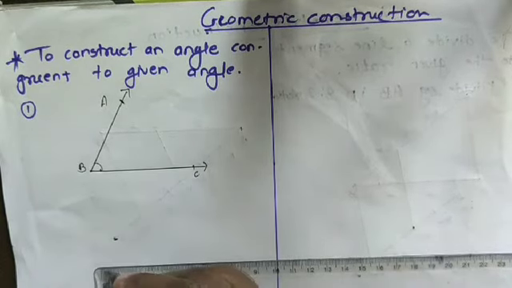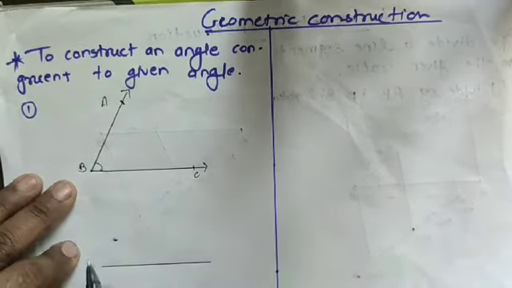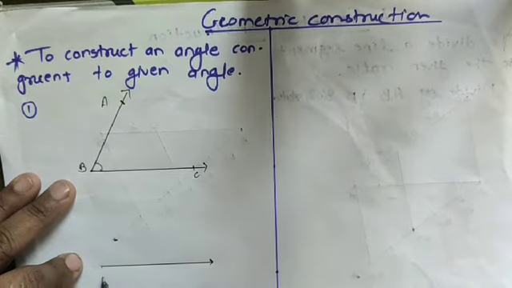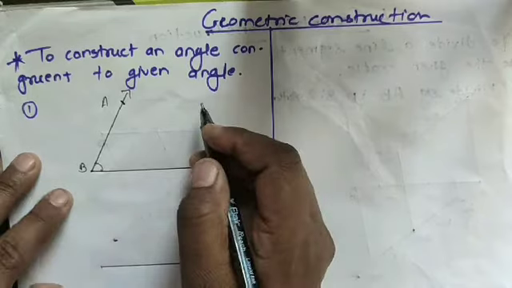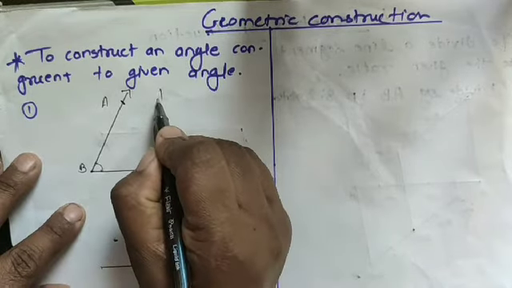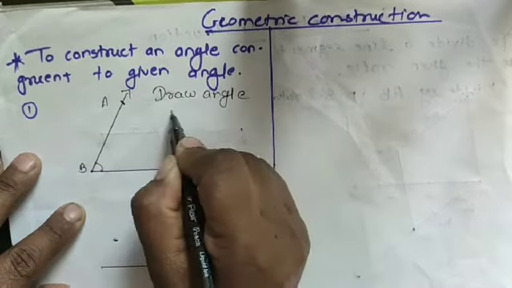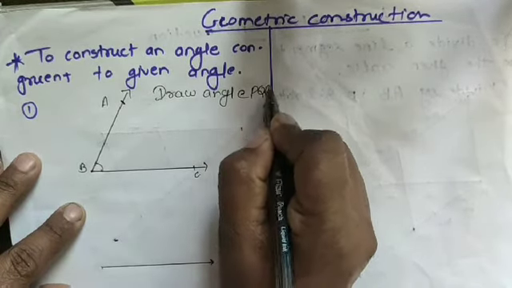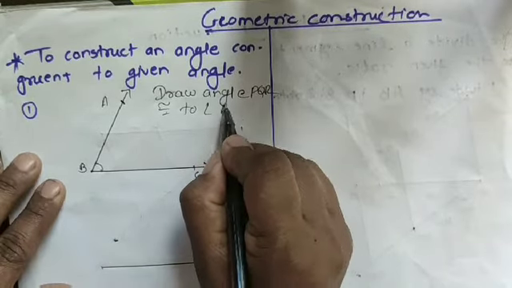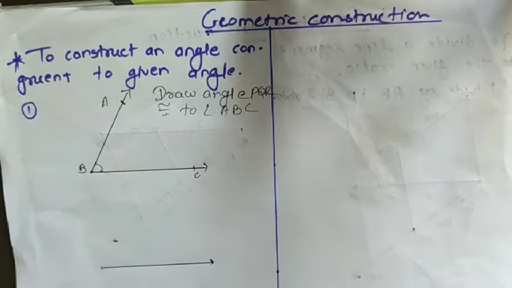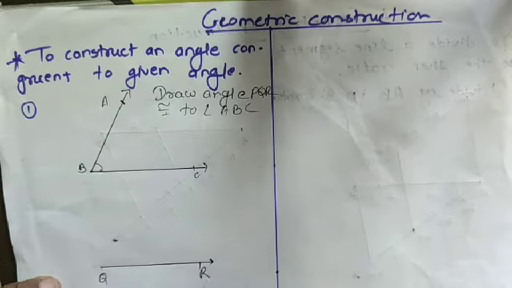So for that, first of all I will draw one ray here. Suppose the question, I forgot to write: draw angle PQR congruent to angle ABC. In short I wrote it here. So this is my segment QR.